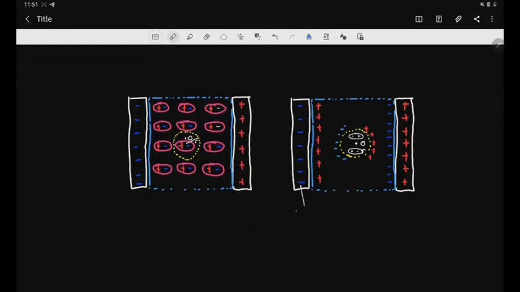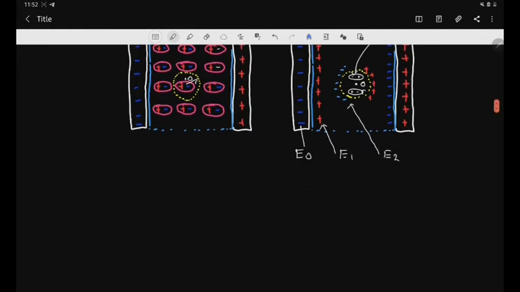Let us say the electric field due to free charges is E naught, the electric field due to these surface bound charges is E1, the electric field due to the charges on the surface of the sphere is E2, and the electric field due to the molecules inside is E3. So the electric field at point O will be the net electric field due to all these fields, that is E naught plus E1 plus E2 plus E3.